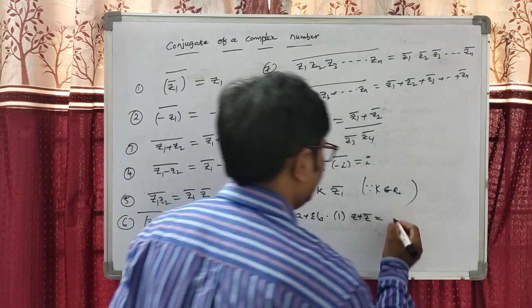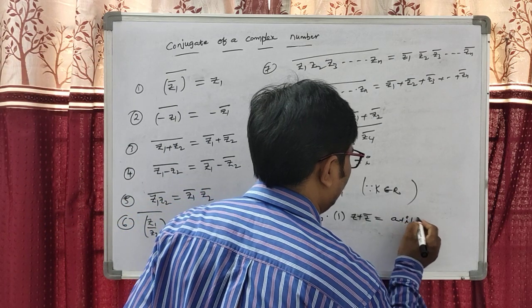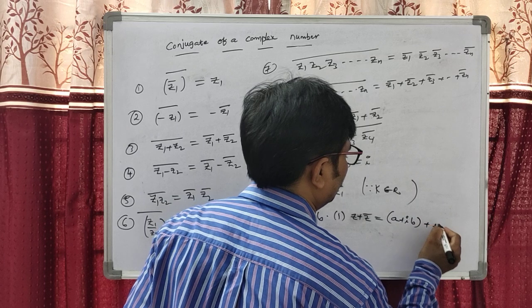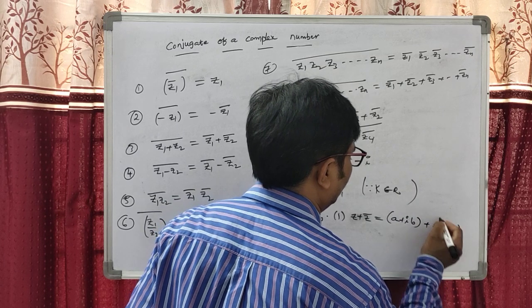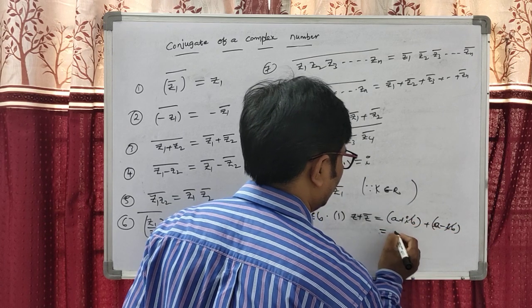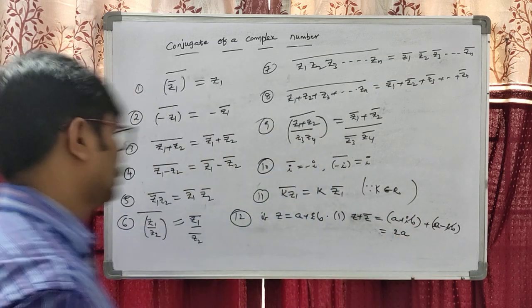So the addition is a plus ib plus a minus ib. These two cancel, and a plus a is 2a.